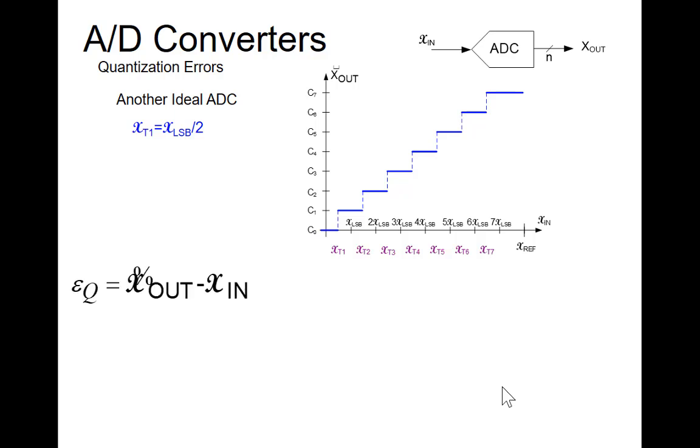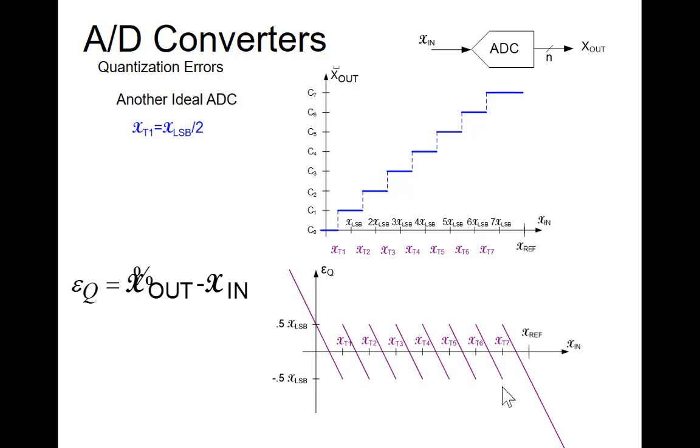Quantization error, same as what it was before. So here's what the quantization errors look like. Again, the magnitude of quantization error is 1 LSB. But the maximum value of quantization error here is half an LSB. In the previous case, it was 1 LSB.